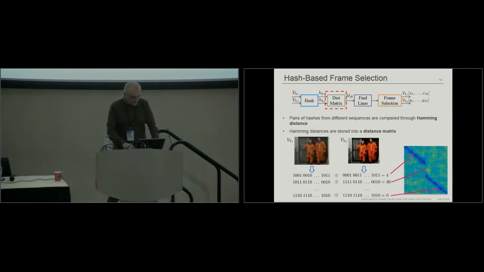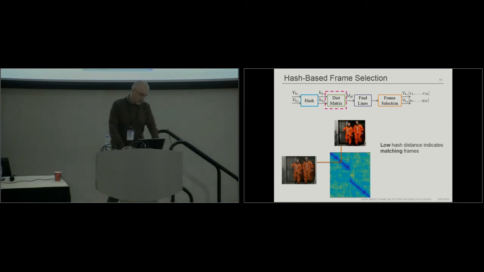And after this, it is possible to evaluate a distance between the hashes that represent couples of frames belonging to the two sequences, and it is possible to obtain a scheme like the one reported on the right of the slide, in which low values of distance indicate that the two frames are very similar to one another, while high values indicate that the two frames are not similar.